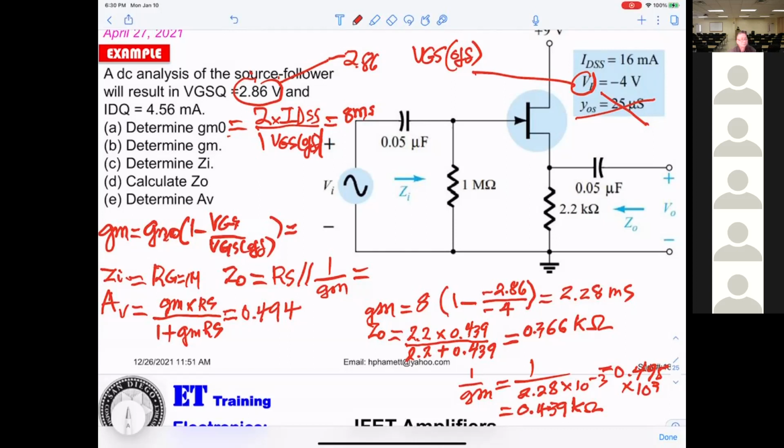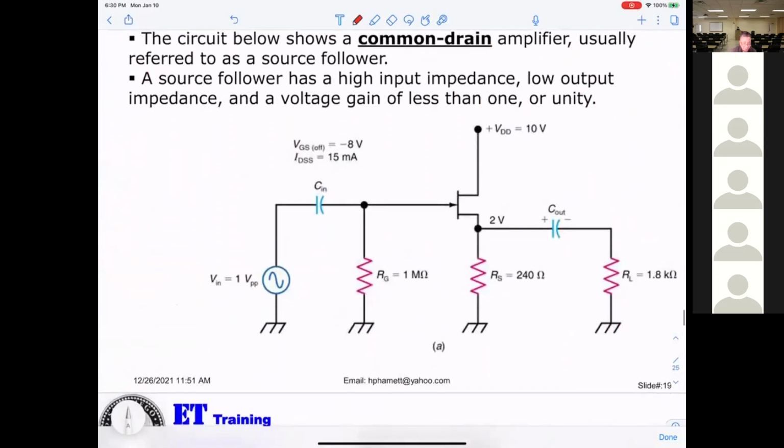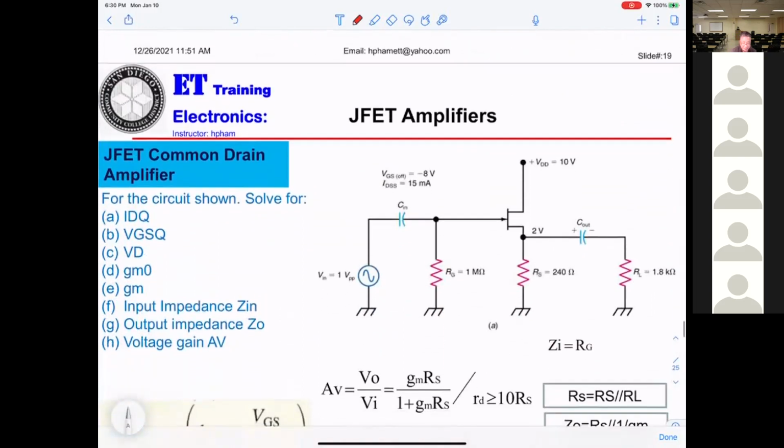So we should be getting a number like under 1, normally. Okay? All right. So we can do this one. They just do calculation. I don't care.